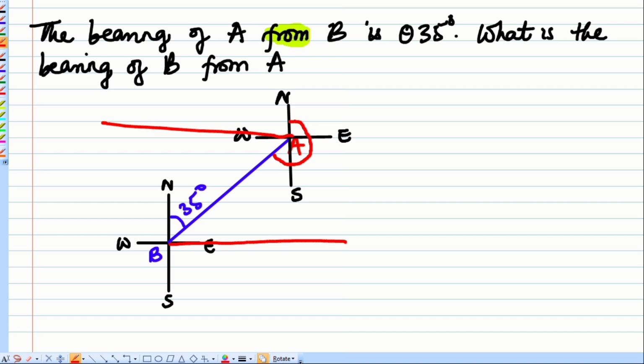What I'm simply trying to say is that the angle 35 degrees is alternate to this angle here. Alternate angles are equal. So that angle there is also going to be 35 degrees. You need to take note of that.